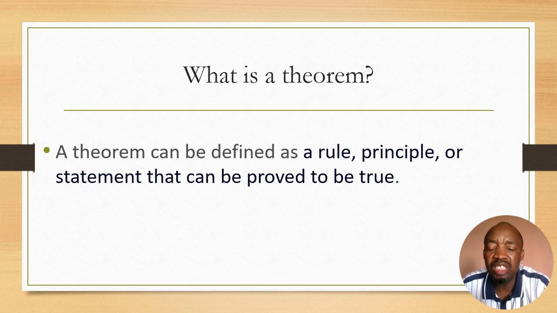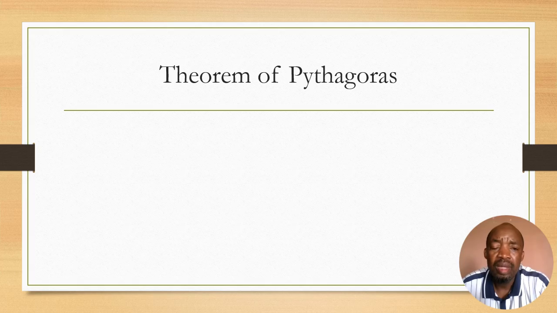In mathematics, if we give you a rule or a principle or any statement that you can prove to be true, you must know that you are actually dealing with a theorem. Now, moving on. A theorem is a statement that can be proved to be true.